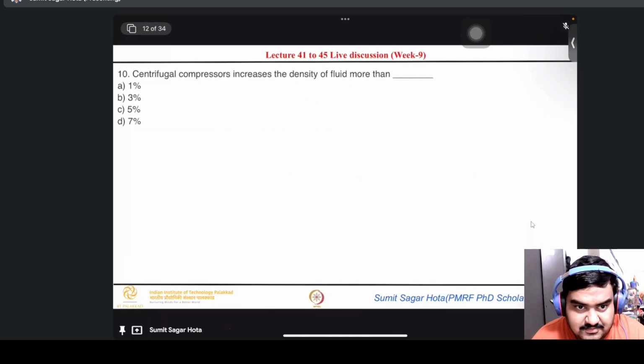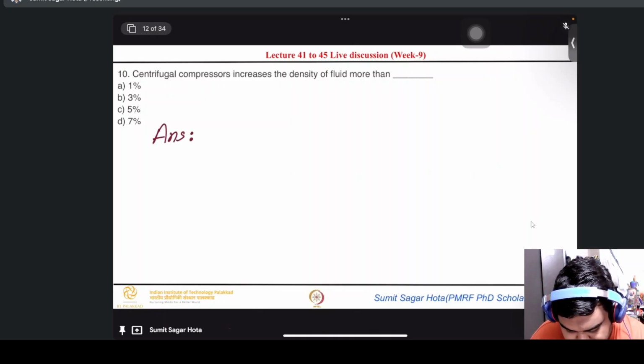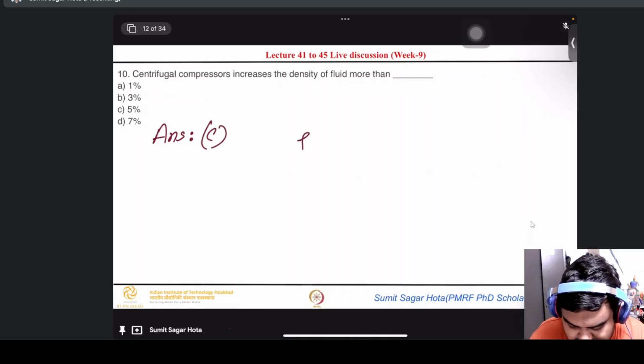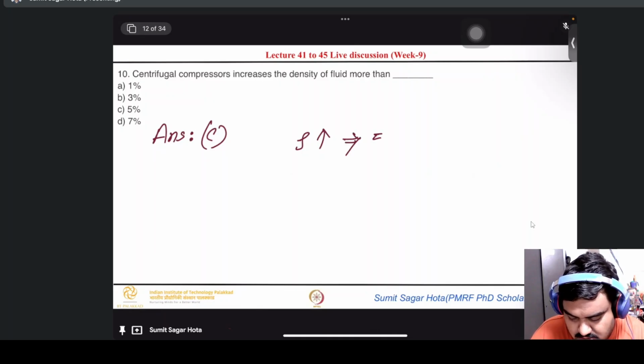The centrifugal compressor increases the density of the fluid more than dash. Answer is more than 5%. So the centrifugal compressor increases the density of a fluid more than that. So this is the density of the fluid.